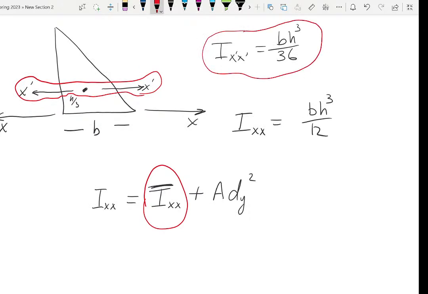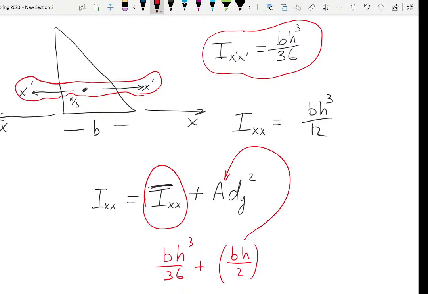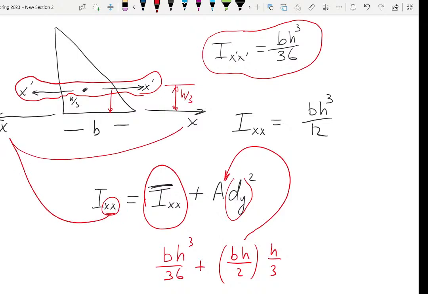So I take that, I stick in here, bh to the third over 36 plus, what's the area of the triangle? bh over 2. That's the area of the triangle. And what is the dy that I moved? I moved h over 3. Okay, so in other words, the difference between here and here is h over 3. It's where I moved this new line to accompany that.